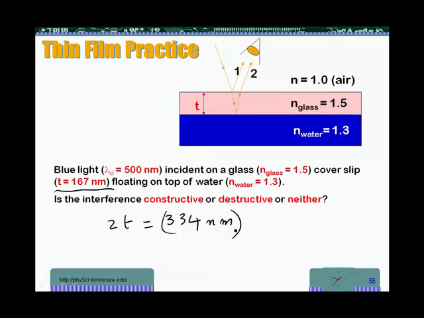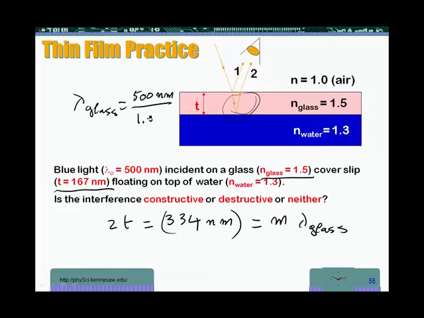Now the medium here is glass. That's where the path difference is occurring. So this 334 nanometers, we should relate it to lambda inside the glass. What's lambda inside the glass? Lambda inside the glass is going to be 500 nanometers divided by 1.5. Okay.